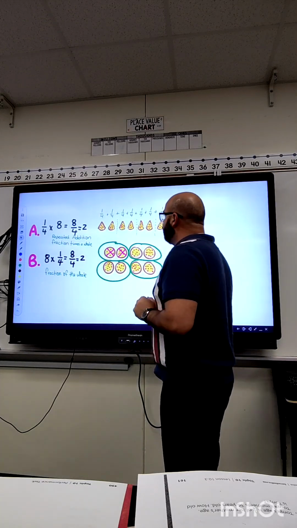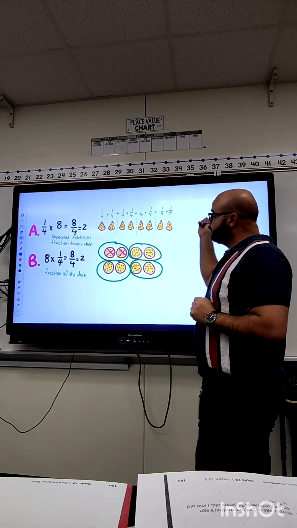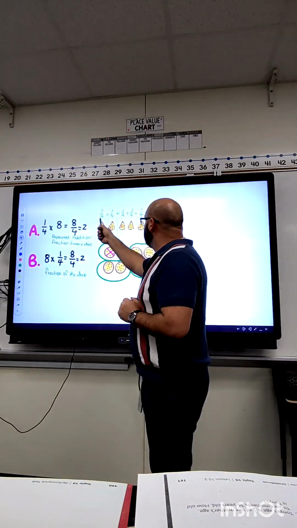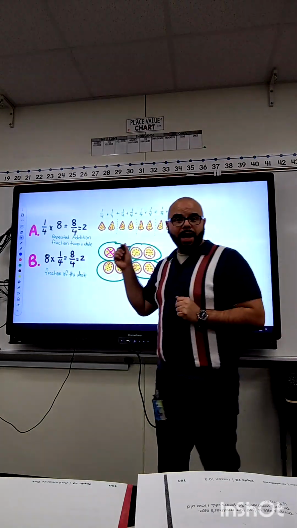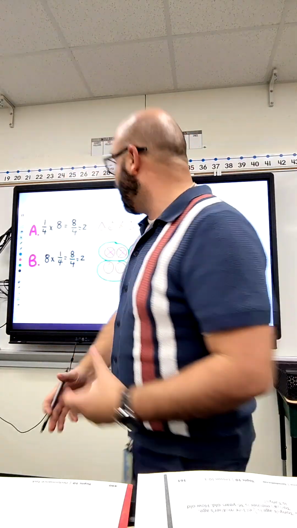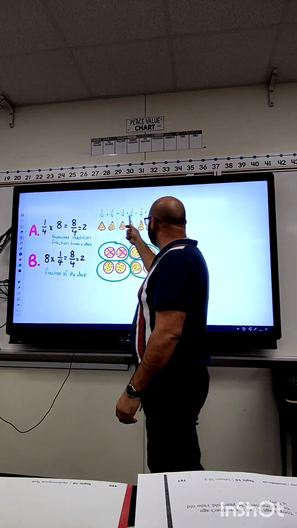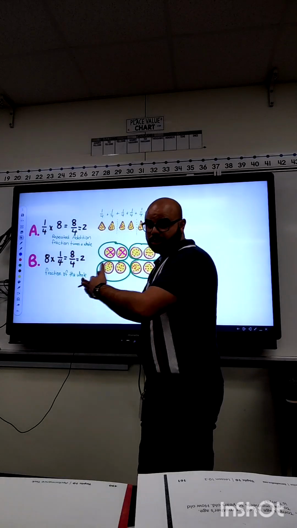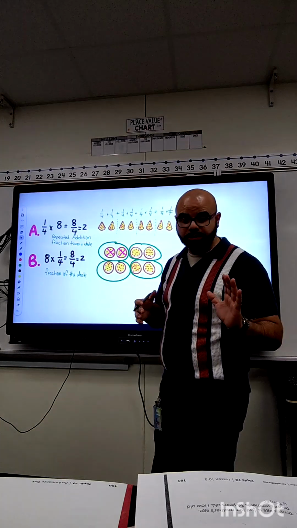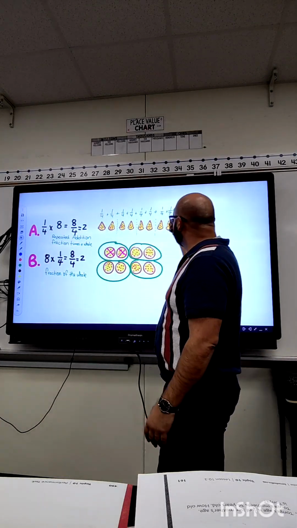If you add the numerators, you'll get 8. The 4 doesn't need to get added because that is just representing the amount of equal parts you have. Denominator never changes. All you do is add the top.